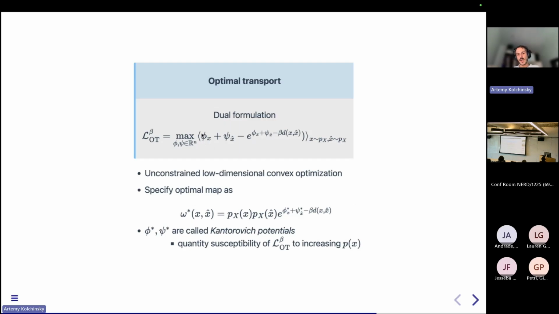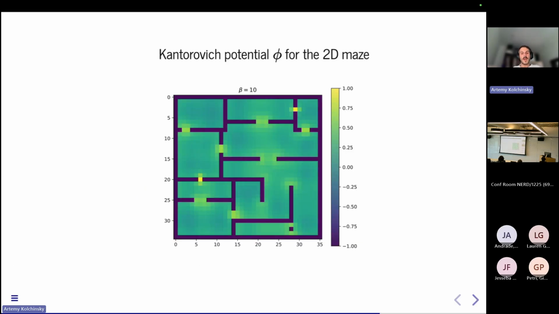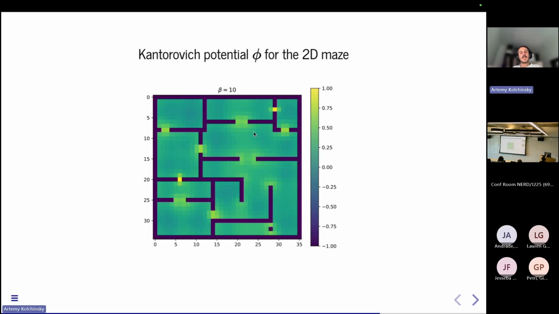And this potential can be seen as a kind of cost of coarse graining a certain state. So if I solve this slightly different problem and plot the cost, then something interesting emerges: the locations with the highest cost for coarse graining are ones that correspond to doorways or narrow passages. I think this is interesting because it's picking up locations where a little bit of blurring has a high penalty.